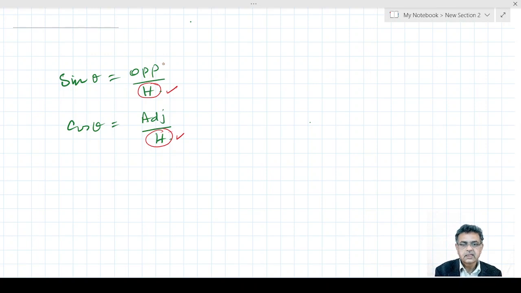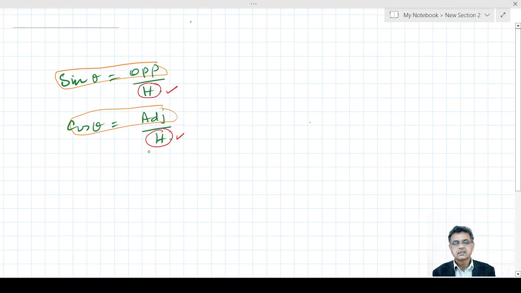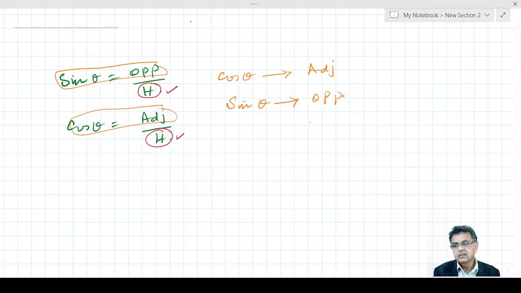You can have this in your mind: sine theta is related to opposite and cos theta is related to adjacent. Remember that cos theta means adjacent and sine theta means opposite, because both of them have hypotenuse as their denominators.